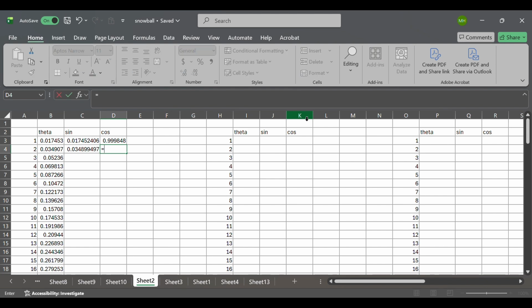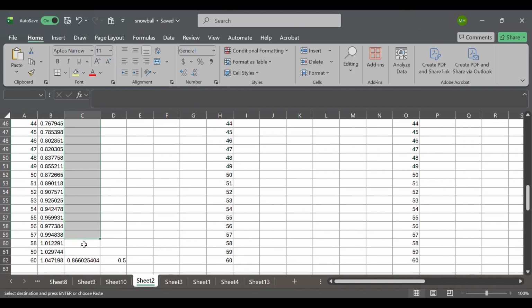Similarly, this is cosine alpha cosine beta minus sine alpha sine beta. But the beta will be theta, 1 theta, and we're going to put the dollar signs there, so it's always 1 theta that we're adding each time.